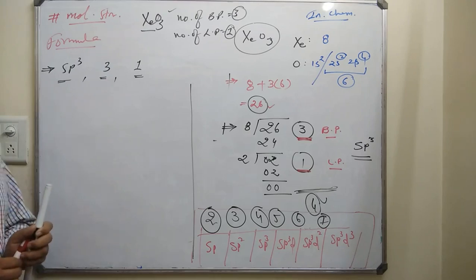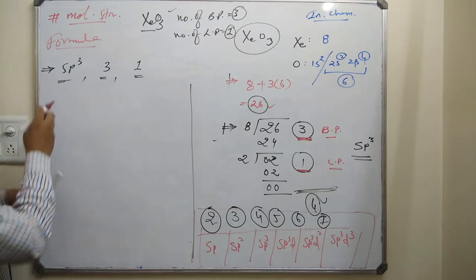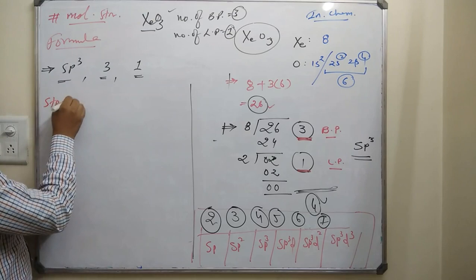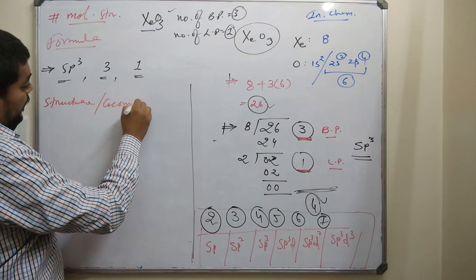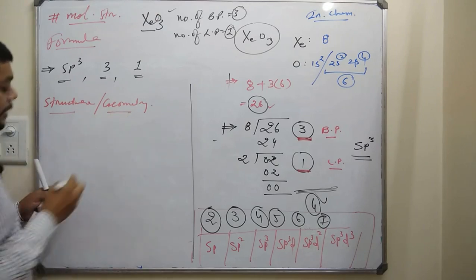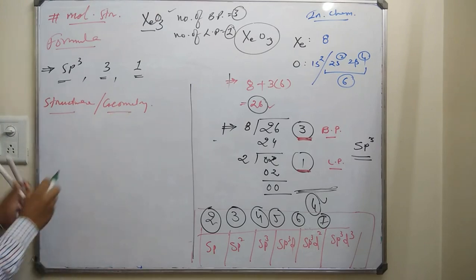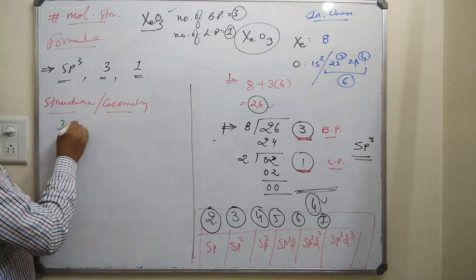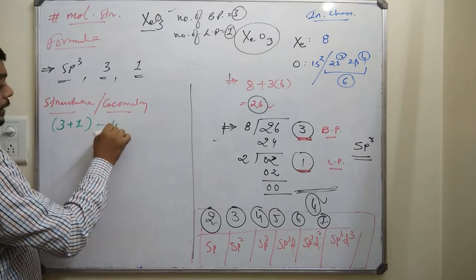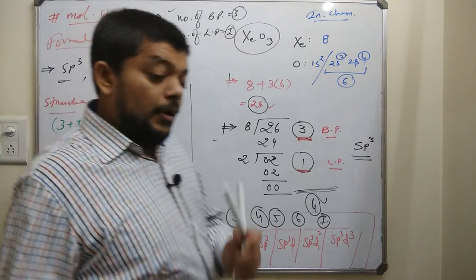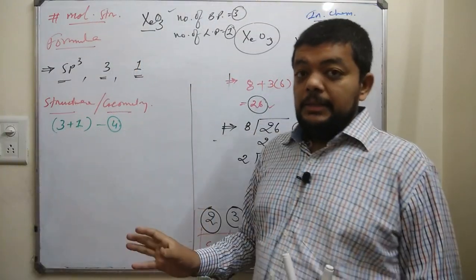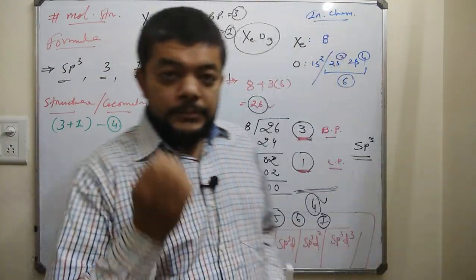Let us move a step ahead and think about the structure. We also coin it as geometry. Remember very well, the total number of bond pair and lone pair together determine the structure.